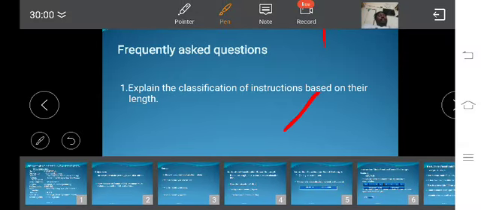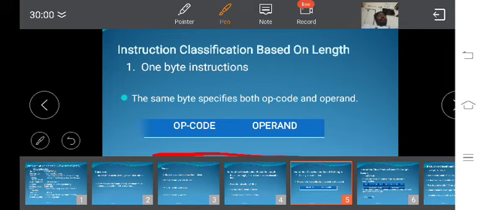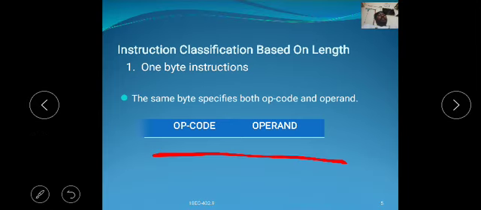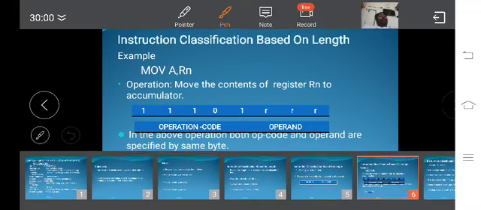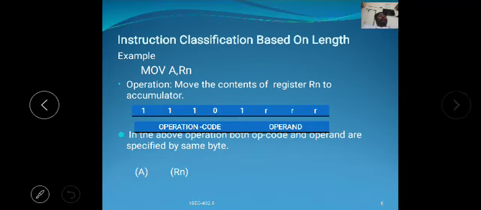In 1 byte instructions, the same byte specifies both the opcode and the operand.